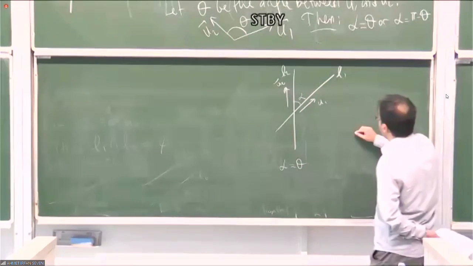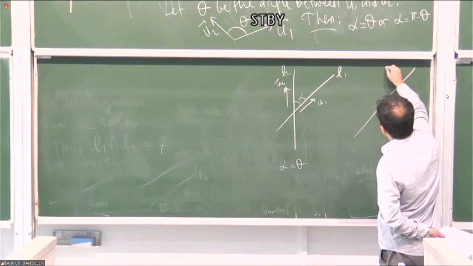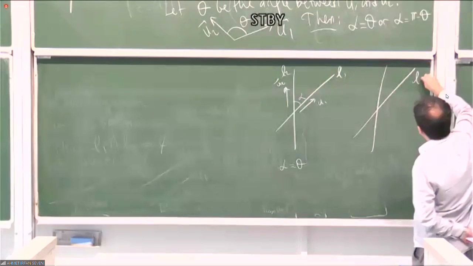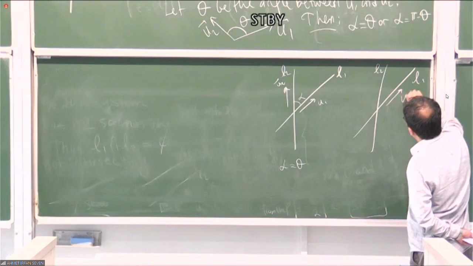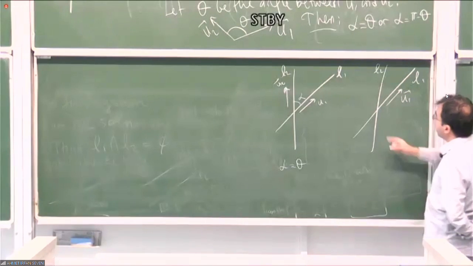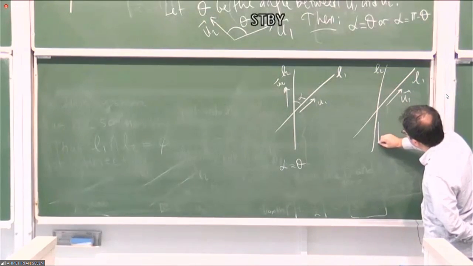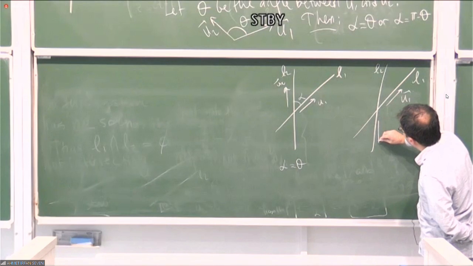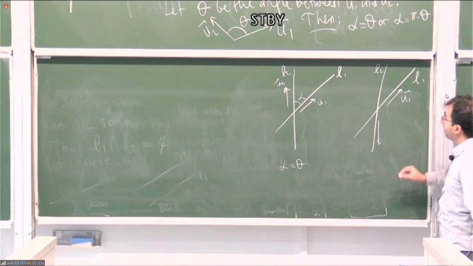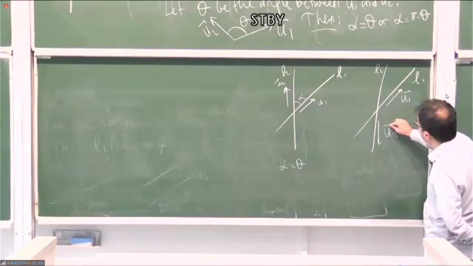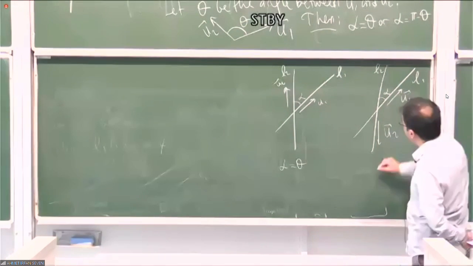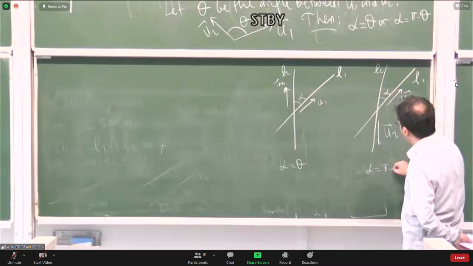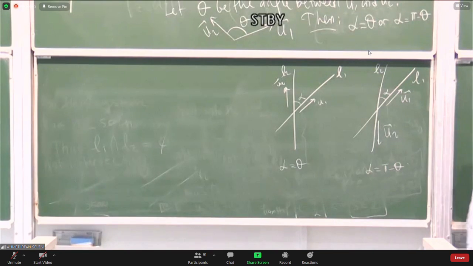However, you know that direction vectors are not unique. This is L1. This is L2. We can have a direction vector here, U1. And the direction vector U2 might very well have been in this direction. Then in this picture, alpha will be equal to pi minus theta.